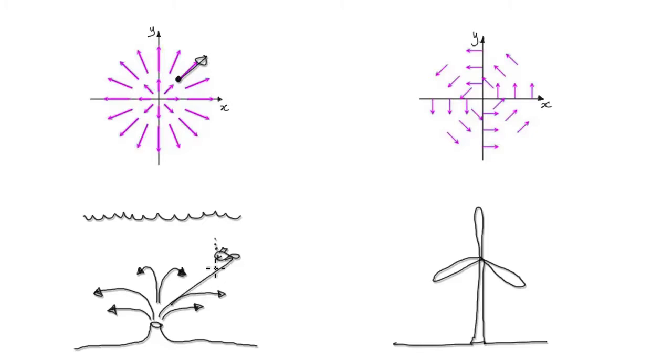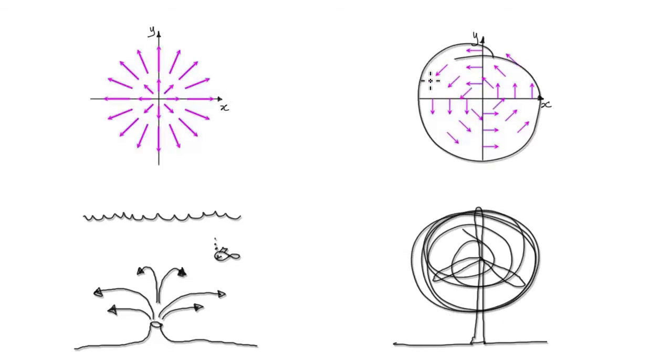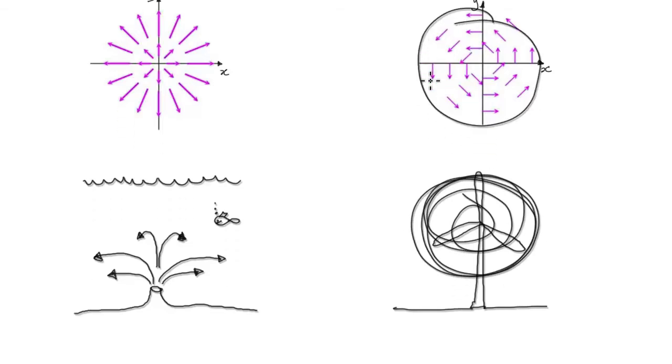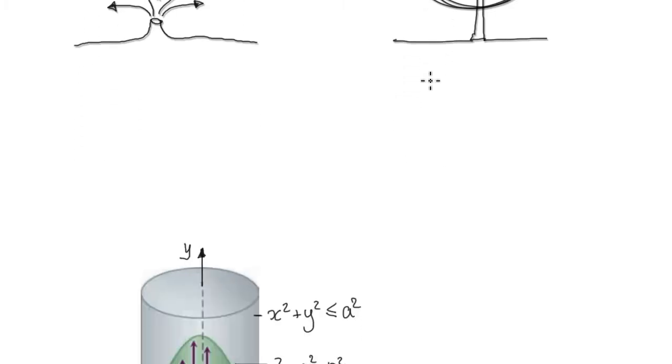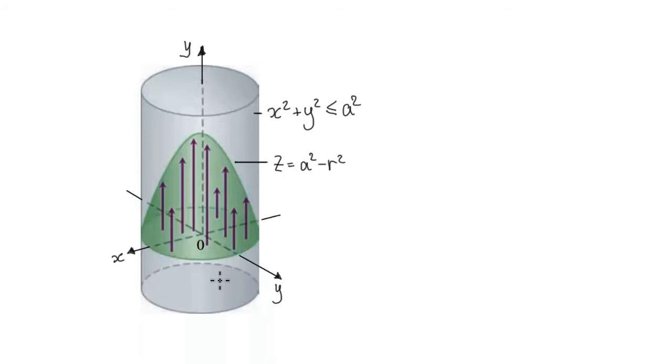It will be pushed in this direction. Or if you drop a shrimp right here, then it's going to be pushed in this direction. Or maybe you want to understand the airflow of a wind turbine, so you might want to generate something like this. Or you come up with some sort of vector function to describe water flowing through a pipe.